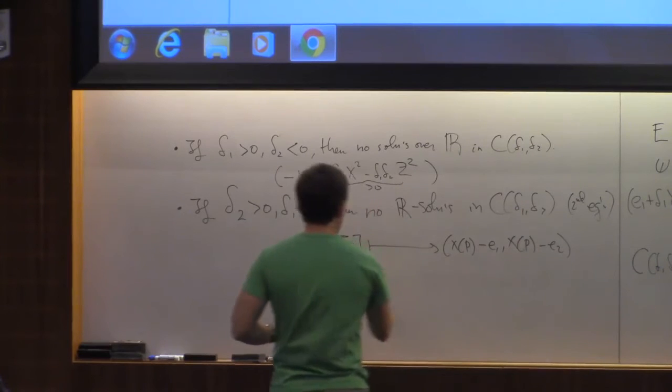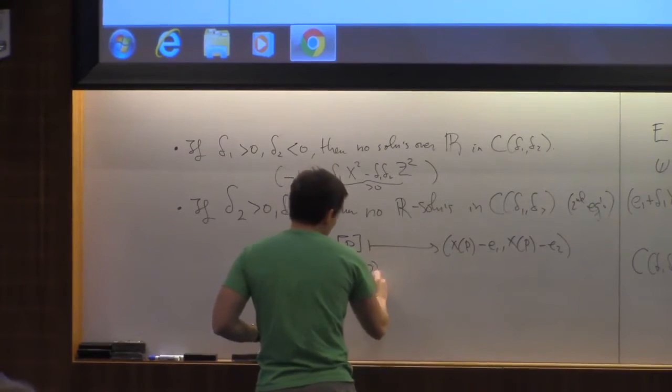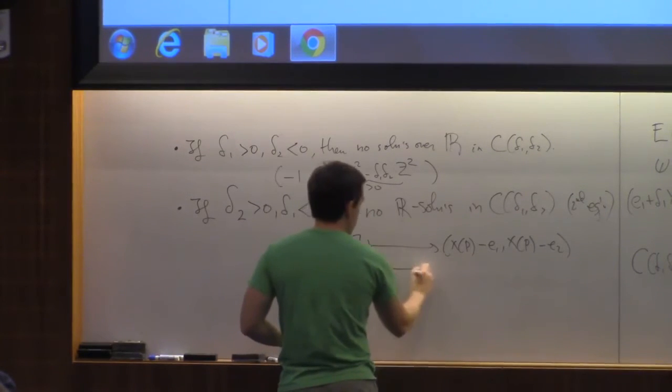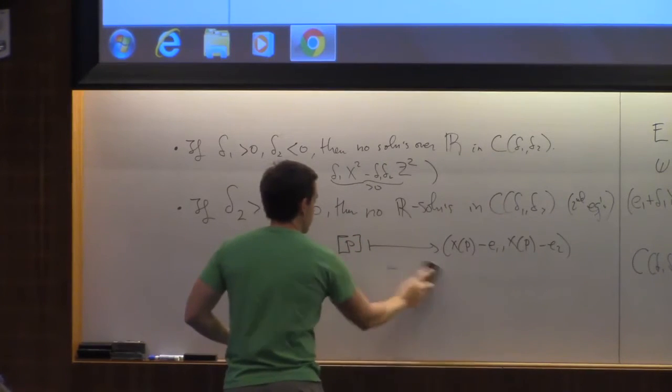So for the torsion points, in fact, the map is defined differently.